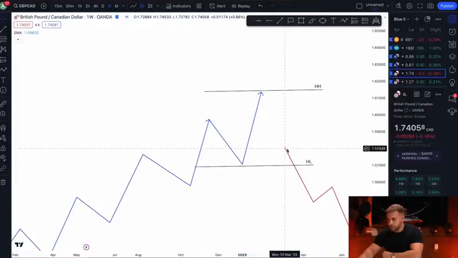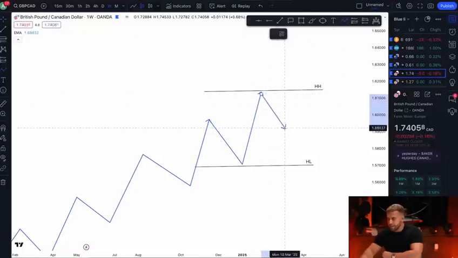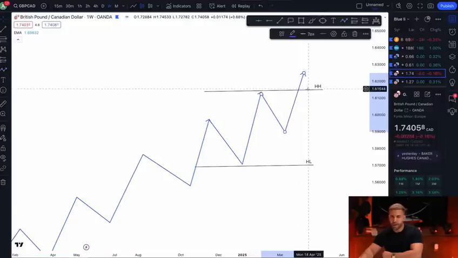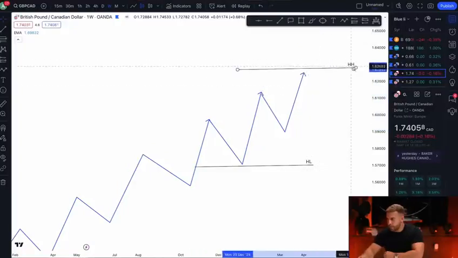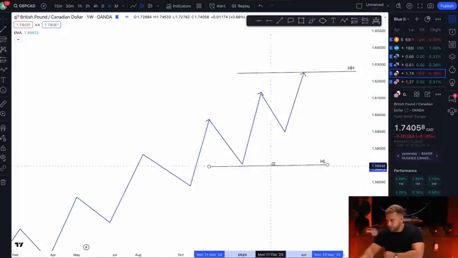The moment this market decides to have some type of retracement into here, this point is now considered a new higher low and a higher high, only because we've broken above the previous structure point. If we did not break above the previous structure point, we simply do not enter this as a bullish market. So this right here is a higher high, and then the higher low would move up to the next higher low.